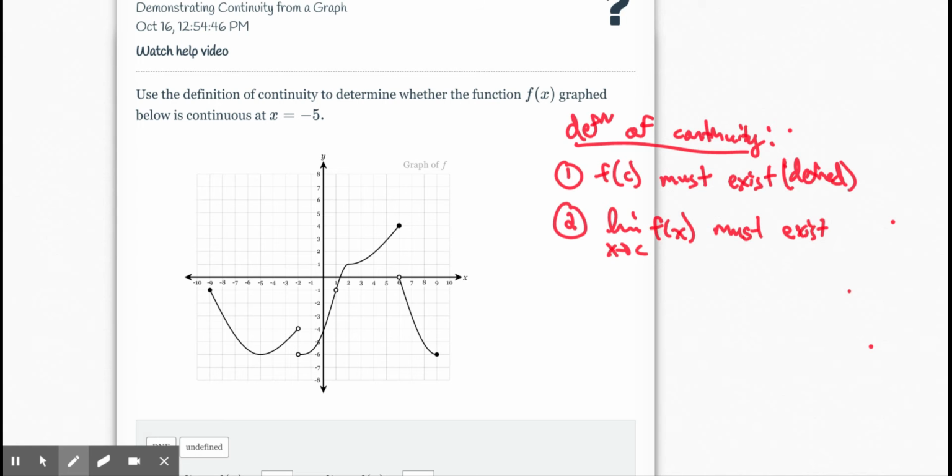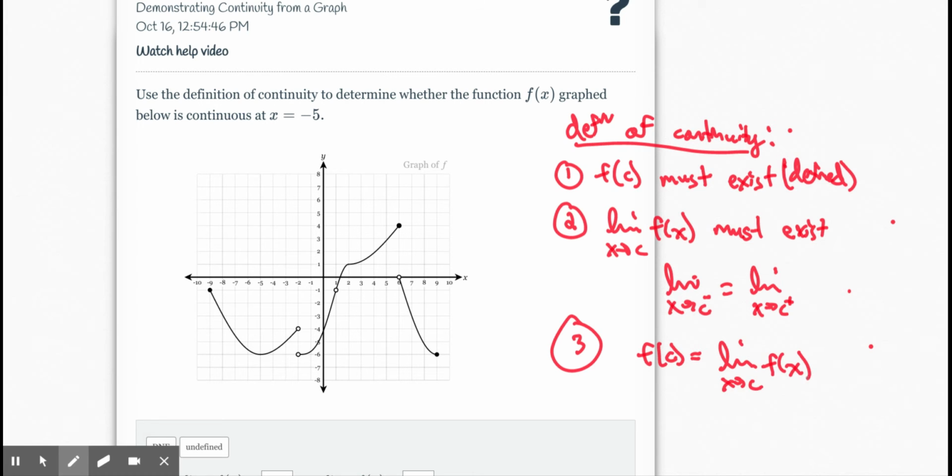Now, if the limit exists, that also implies that the limit as x goes to c from the left equals the limit as x goes to c from the right, meaning the right and the left limits agree, because if a limit exists, we know that the left and the right match. And the third condition is that f of c, the function value, must equal the limit.